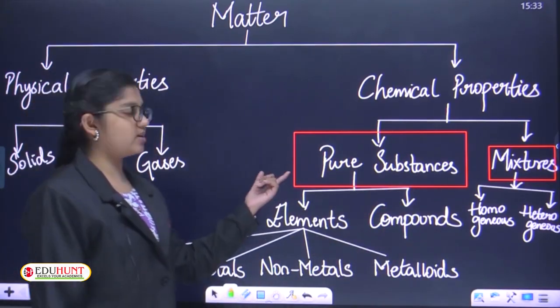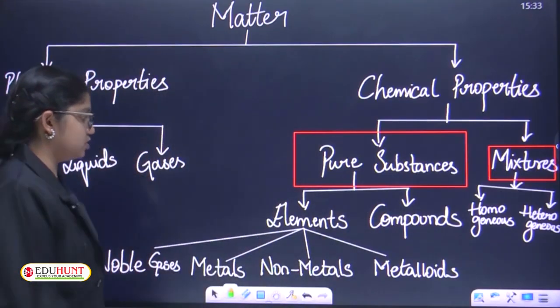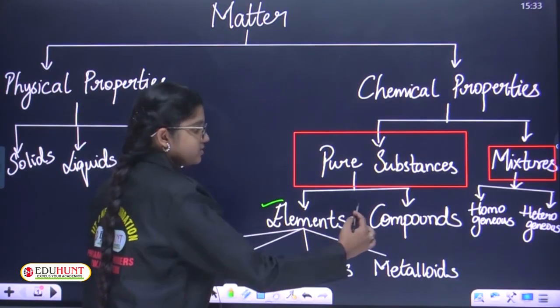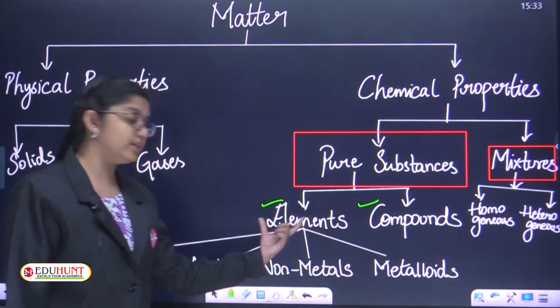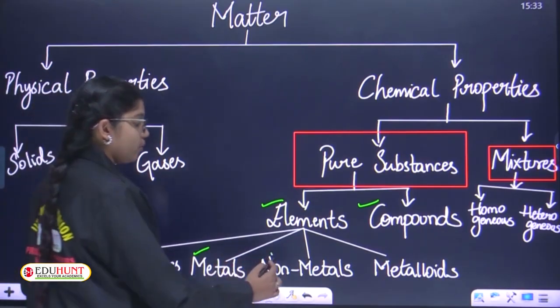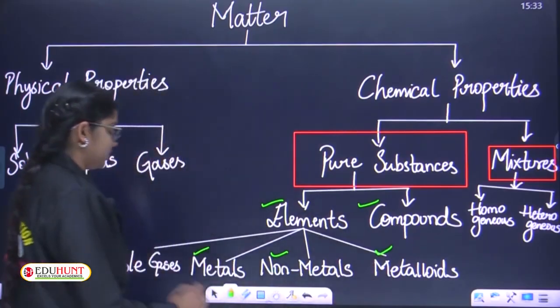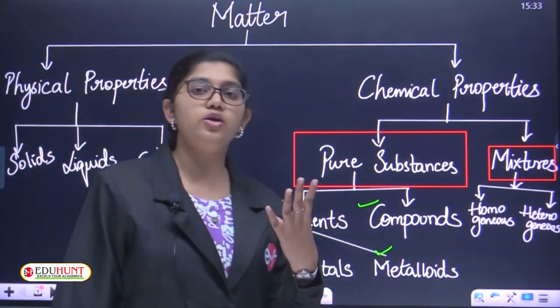So we discussed what is a pure substance, and in that classification, we discussed elements and compounds. General definitions we have discussed. But in the elements category, we discussed what are metals, non-metals, metalloids, and also noble gases, the classification of elements into four different types.